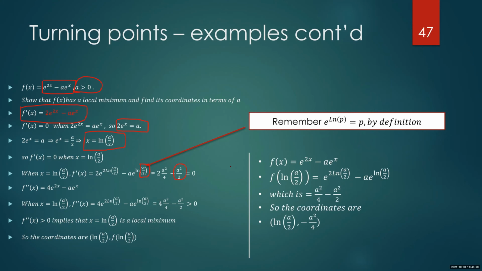And so the final coordinates for our question are, in terms of a, x is the natural log of a over 2, and y is minus a squared over 4.